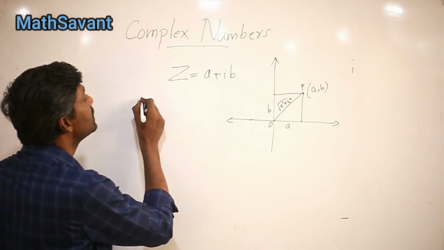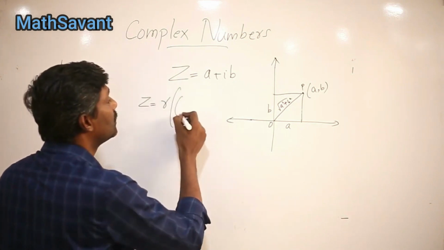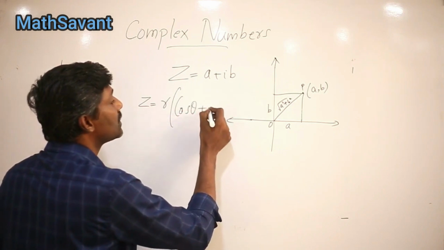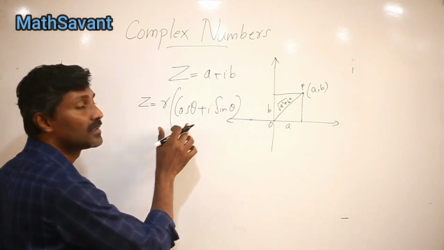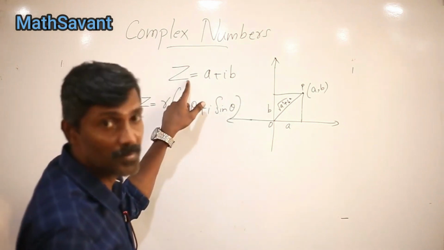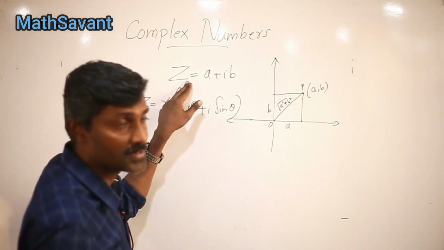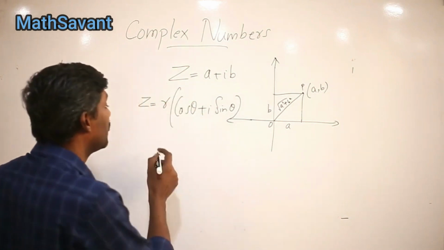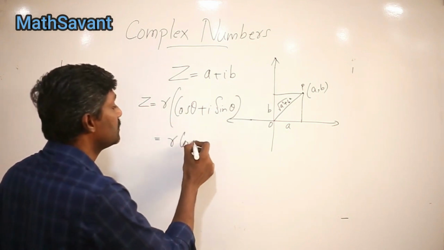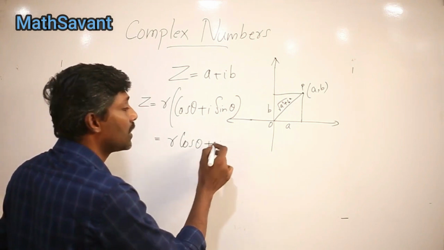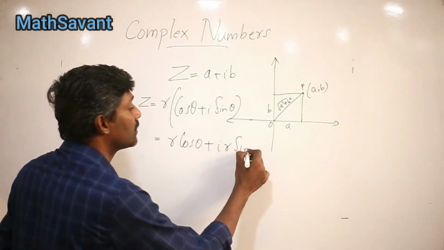Now, what is the polar form of this complex number Z? You would write Z is equal to R into cos theta plus i sin theta. So this is the polar form of the complex number Z is equal to A plus ib. If I open the bracket, I get R into cos theta, which is the first term, plus I would write i first and then R into sin theta, we get R sin theta, right?